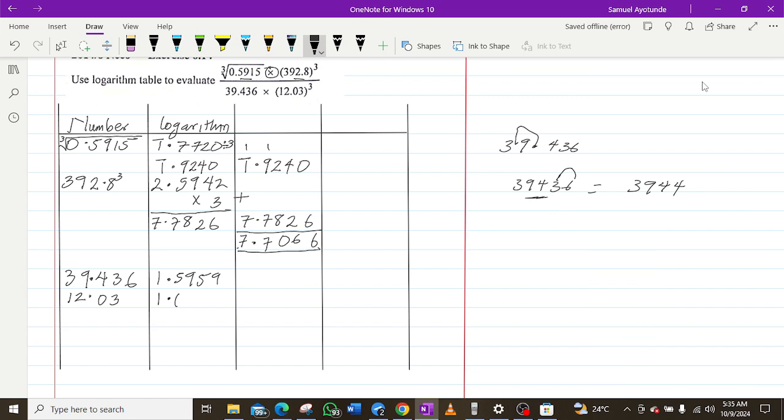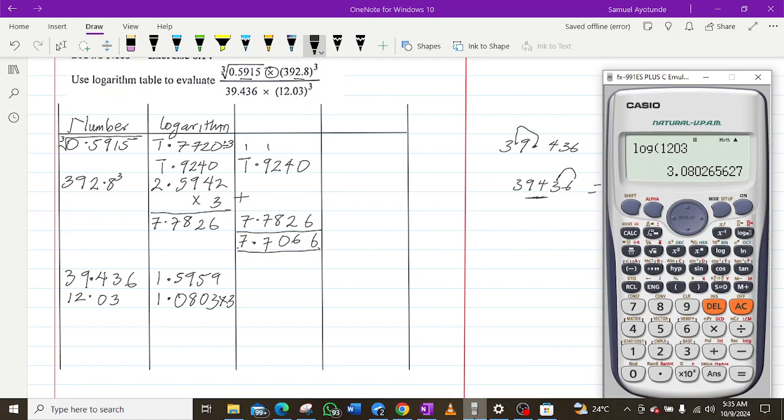Therefore, I have 0803. This carries a power 3, so we are multiplying, times 3. We can use our calculator to do this multiplication because it doesn't have a bar. Anytime the number does not have a bar, the calculator can be used for evaluation.